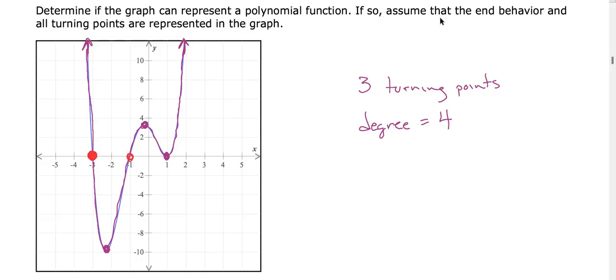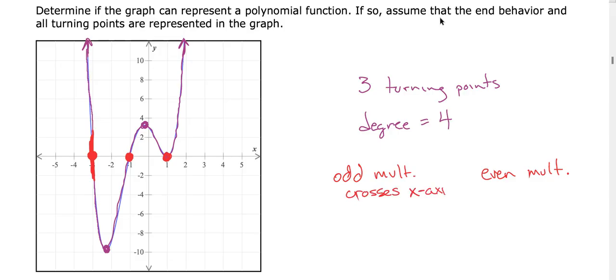This one crosses the x-axis, so it's an odd multiplicity. So odd multiplicity versus even multiplicity. Odd crosses the x-axis. Even touches the x-axis, remember?